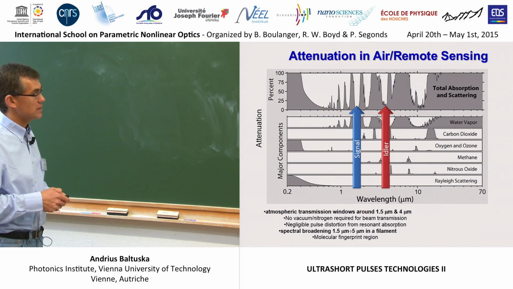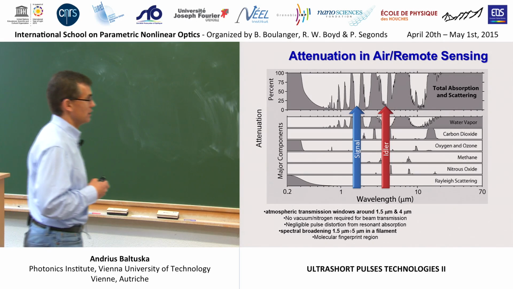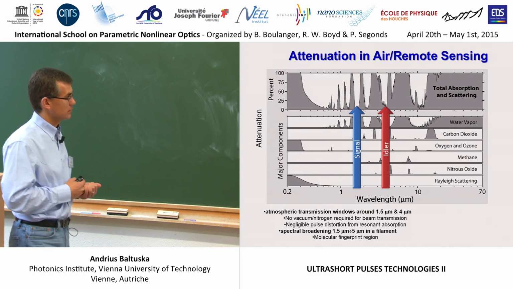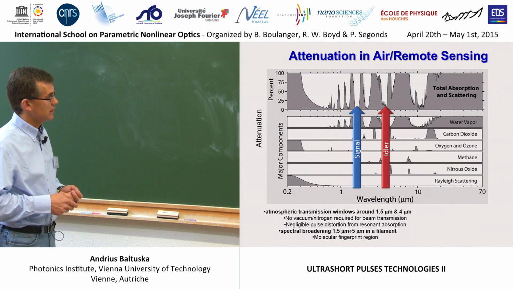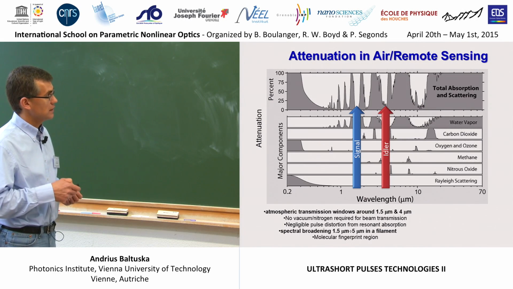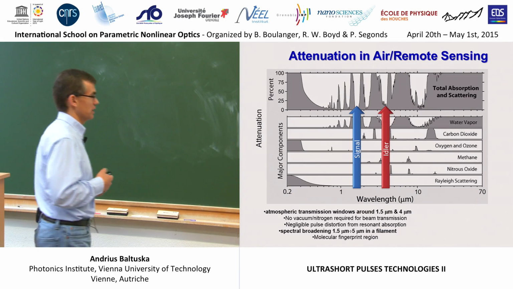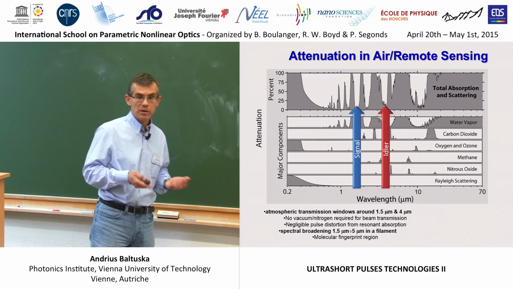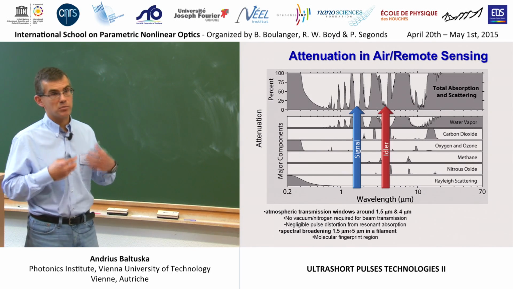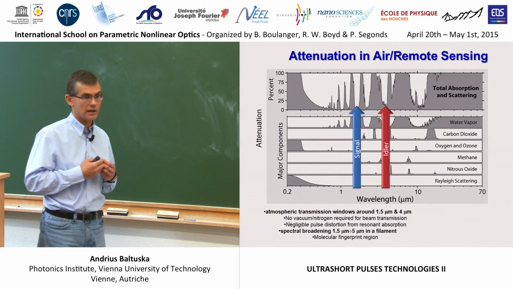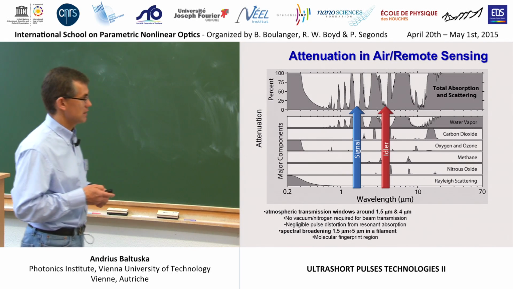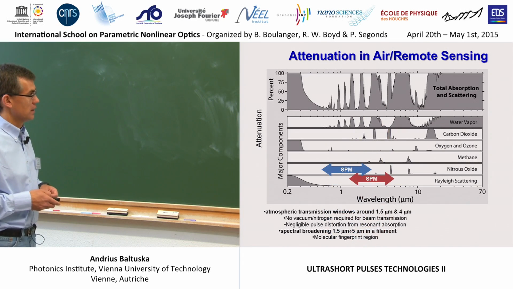On the blue side, it's 3.3 micron, where you're very sensitive to water absorption. And by a lucky coincidence, when you pump it at 1 micron, the signal wave goes into another transparency window around 1.5 micron. So actually, military people knew it for decades, and they were building nanosecond lasers. And it's because of the military effort that we have such great crystals as KTA, and partly the ZGP for further mid-infrared as well.